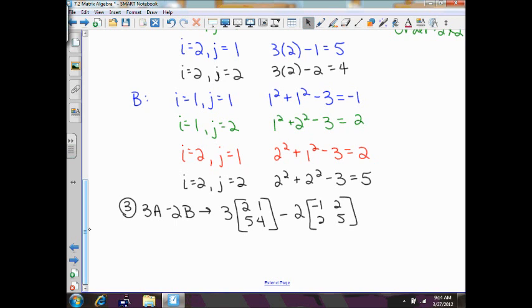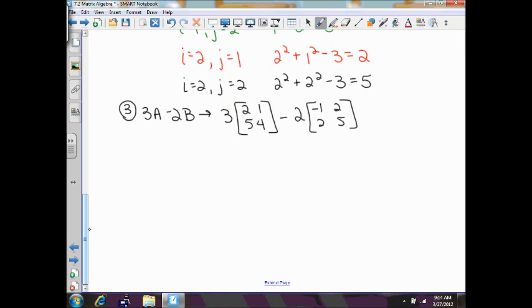So pretty much doing the same thing we did in example 2. So simplifying this we have 6, 15, 3, 12 minus a negative 2, 4, 4, 10.